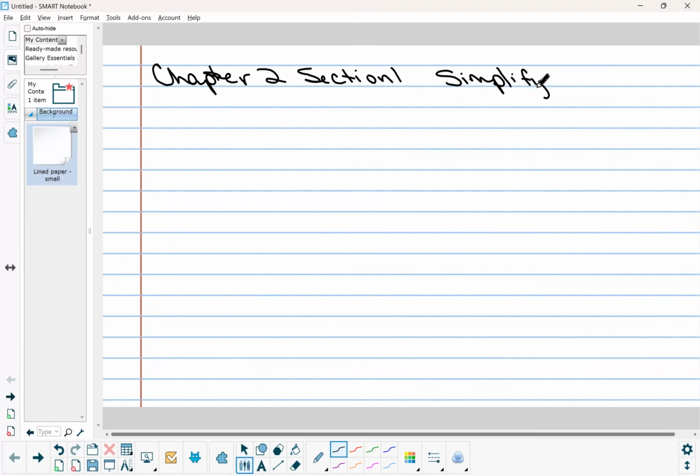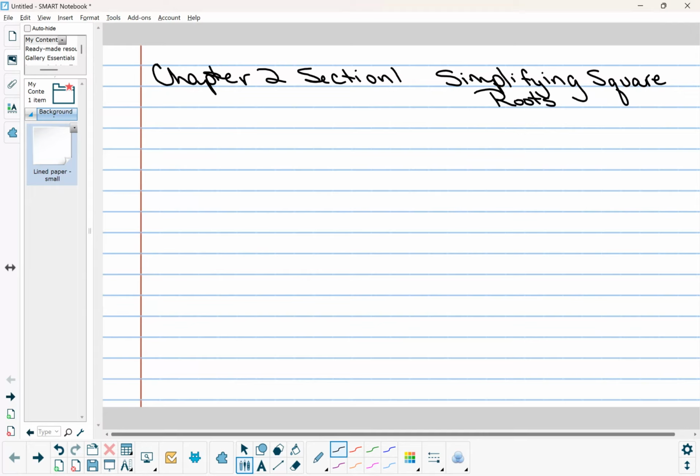Okay, so this is the beginning of chapter 2. This is section 1, and we are simplifying square roots, with and without variables, okay?